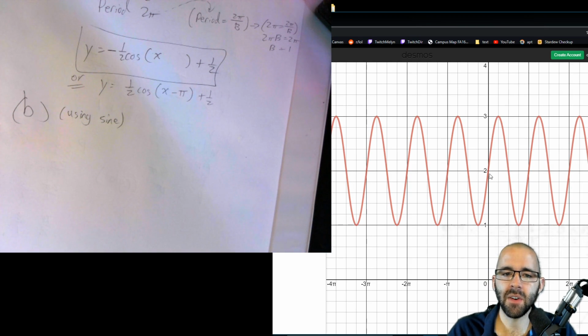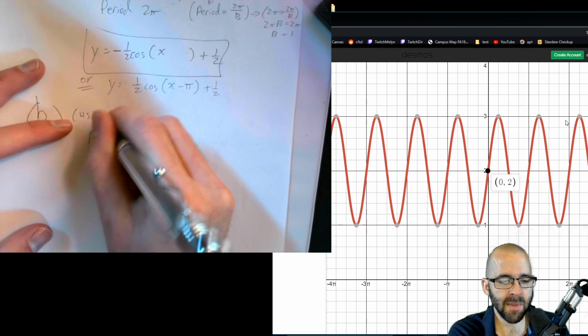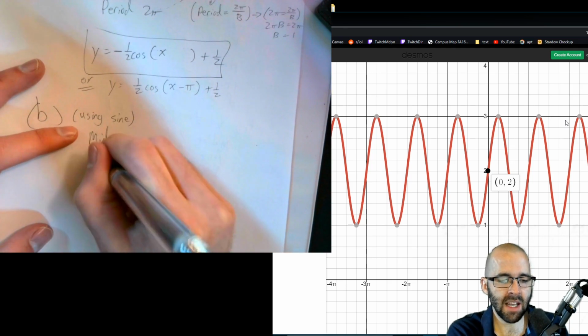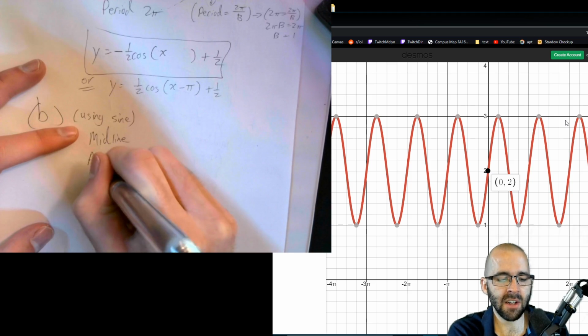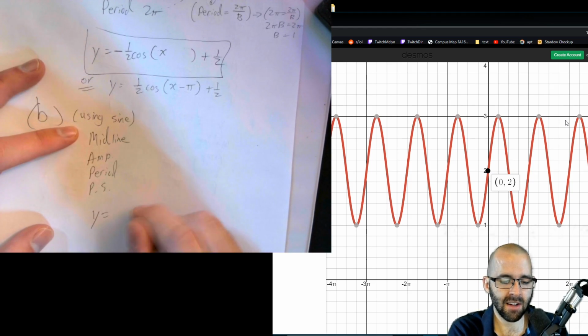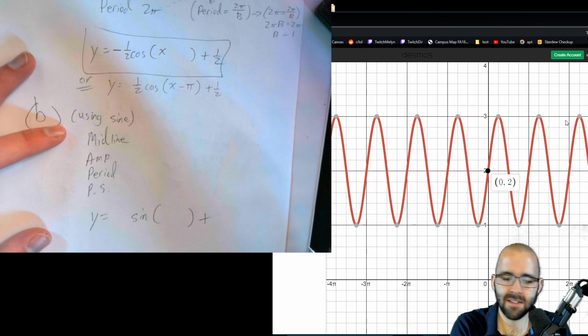All right, so we just need to start asking some questions, just like last time. Find out what the midline is. That's going to tell us what D is. Find what the amplitude is. Find what the period is. Find what the phase shift is. And then we're going to write our answer as something like this.